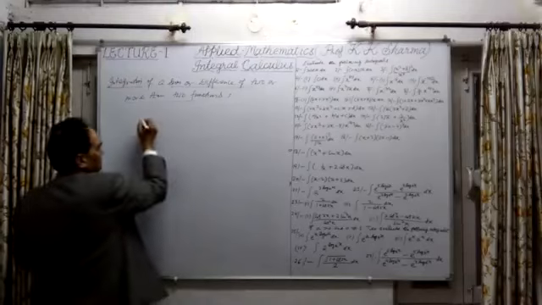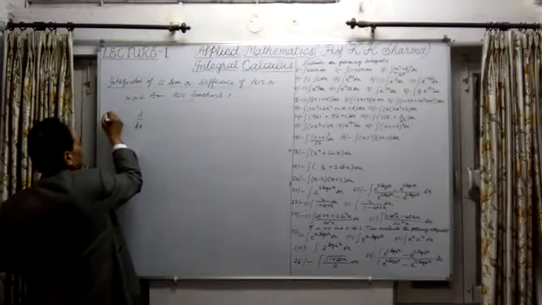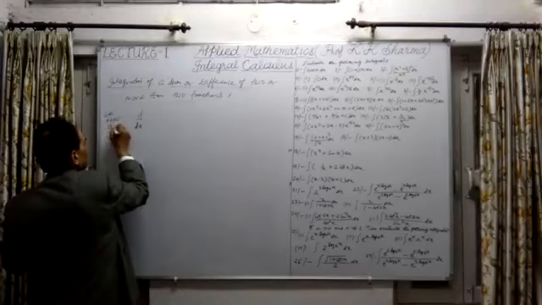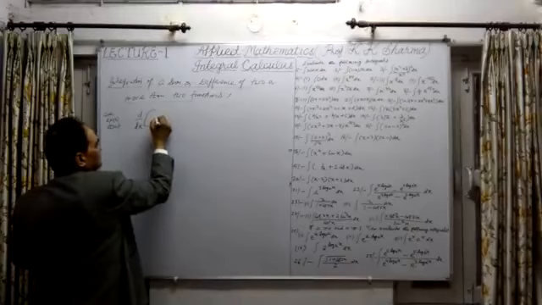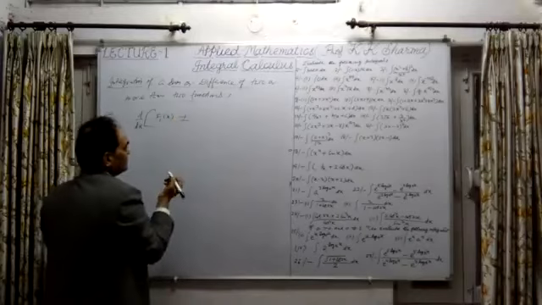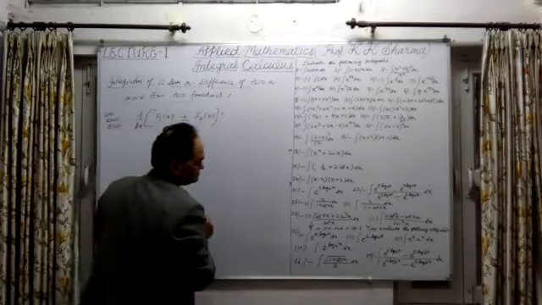Now we know the differentiation. d/dx of, let me write here, capital F1(x) plus minus F2(x), let me write plus and minus both, is equal to how much?